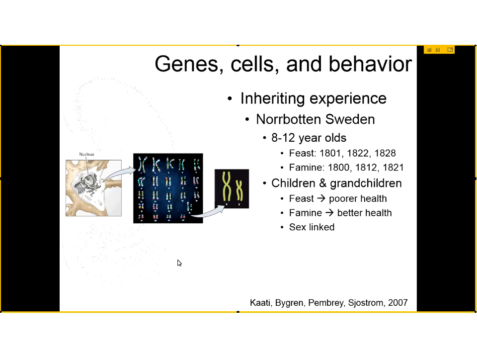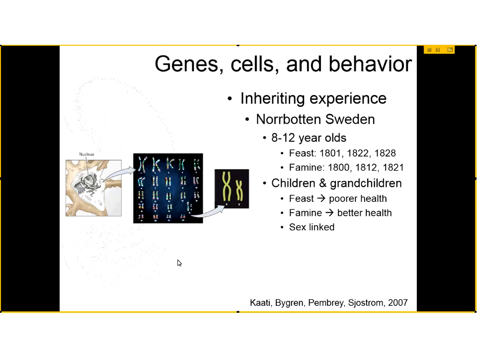they found that their children and their grandchildren, if they experienced a feast, had higher cardiovascular problems, higher instances of diabetes, and a shorter life. So if their grandparents or parents in 1801, 1822, or 1828 experienced a feast between the ages of 8 and 12, they had poor health outcomes.